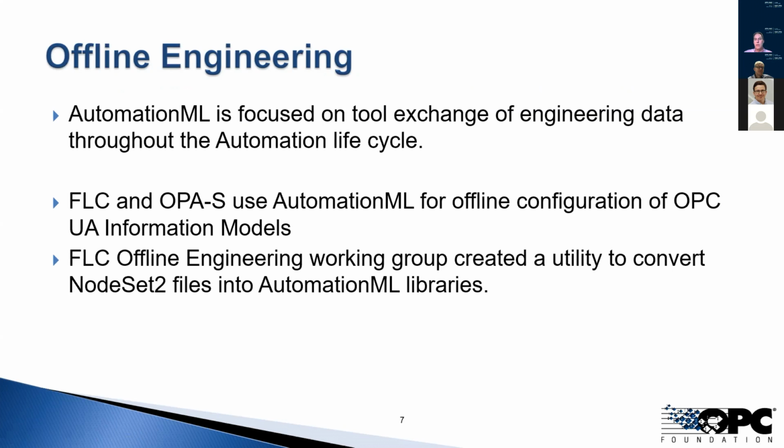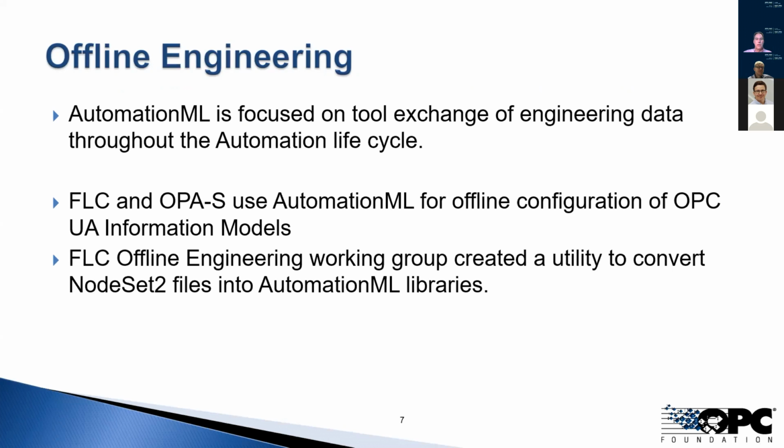As an example of that, FLC, which is OPC's field level communication initiative to create the next generation field communication and field bus functionality, is using a technology called AutomationML as its offline engineering exchange format.